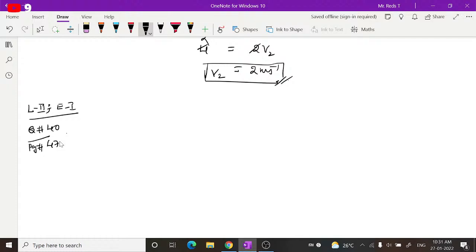The letters are not visible. Yes, can I reshare, sir? Okay, can you send the screenshot once? Yes, sir. We can't see, writing is fast.